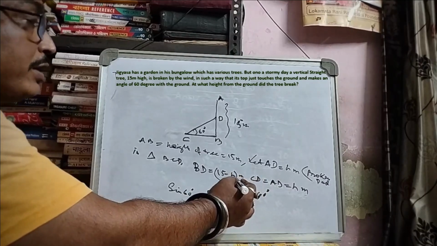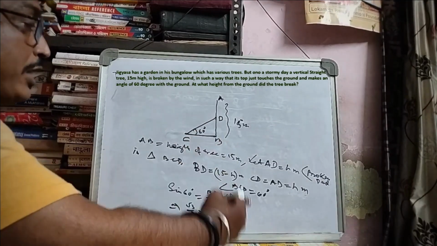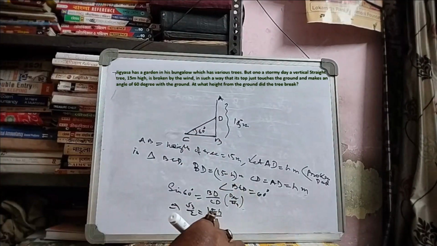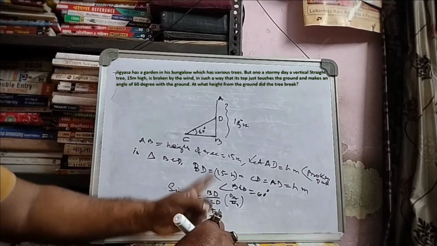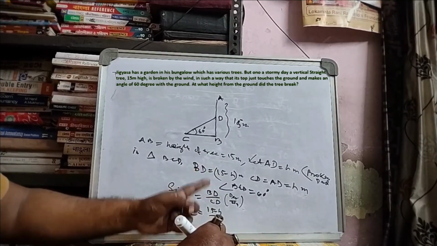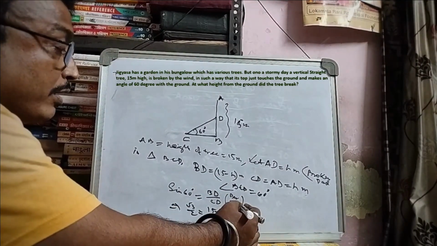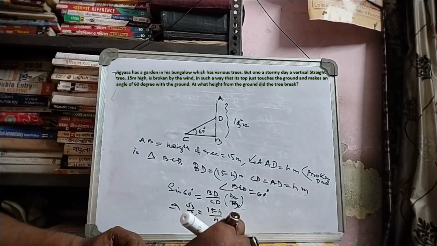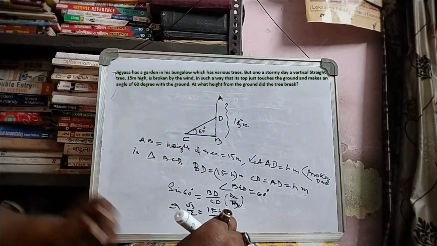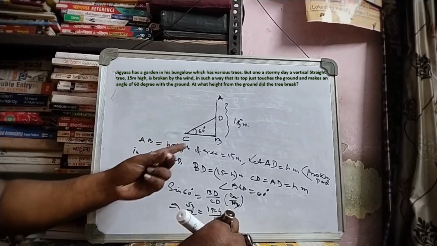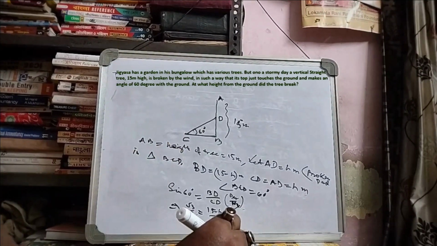BD हम लोग जानते हैं 15 - h और CD हम लोग जानते हैं h. ओके, कैसे साइन? बार बार बोले, जो ऊपर में लिखेंगे और जो नीचे में डिनोमिनेटर, न्यूमरेटर बाय डिनोमिनेटर, वो परपेंडिकुलर बाय हाइपोटेन्यूज है. परपेंडिकुलर बाय हाइपोटेन्यूज साइन थीटा होता है. तो थीटा का मतलब ये तो यहाँ पर डिग्री है. Here is an angle created by the broken part of the tree to the ground, so 60 degrees.